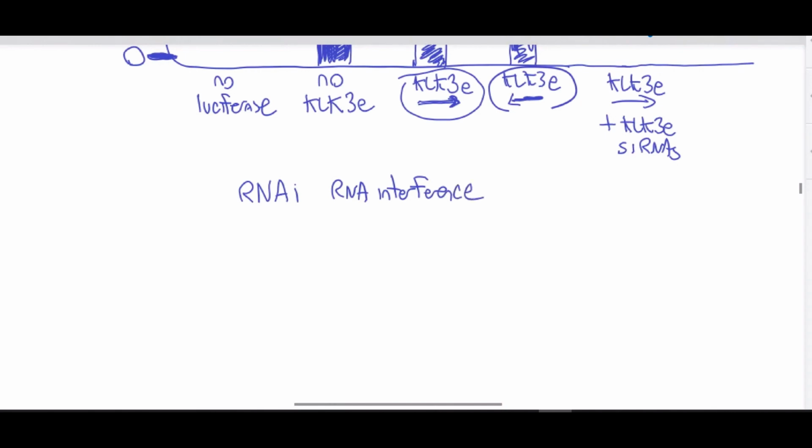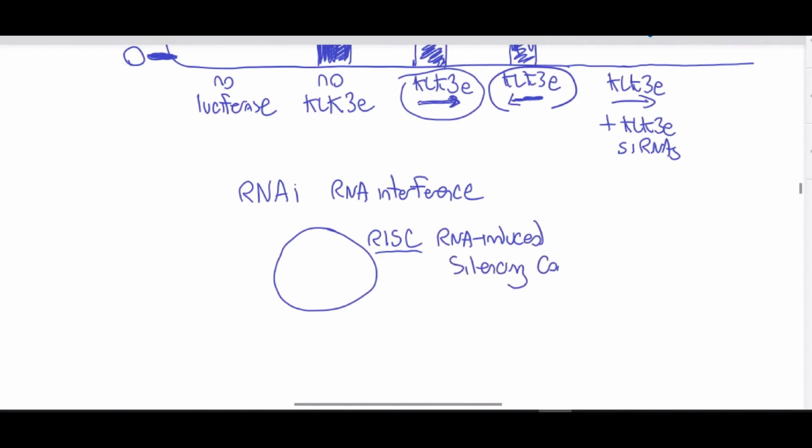So RNA interference, there are several proteins involved in this mechanism. A few of these proteins form a complex called the RNA-induced silencing complex, or RISC for short.